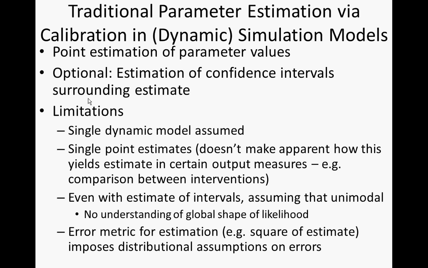One of the limitations that's most fundamental is that we are performing the calibration on a single dynamic model. That is, we are assuming, from the point of view of deriving model parameters, that we know the model structure exactly, and we're trying to identify the values of the parameters such that, conditional on that assumed model structure, the model behavior best matches our empirical data.